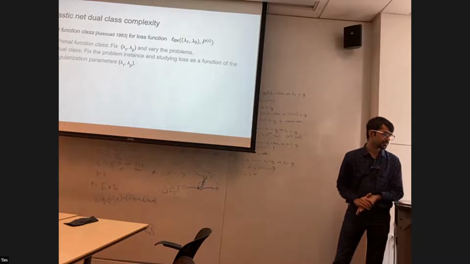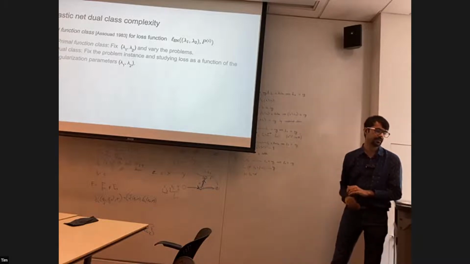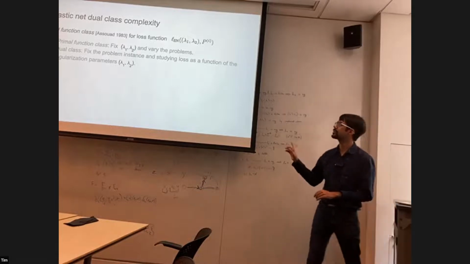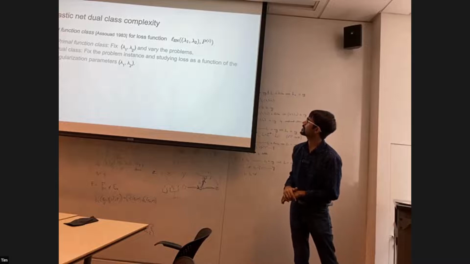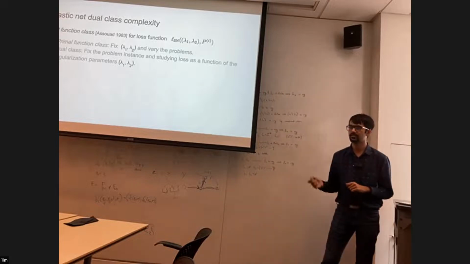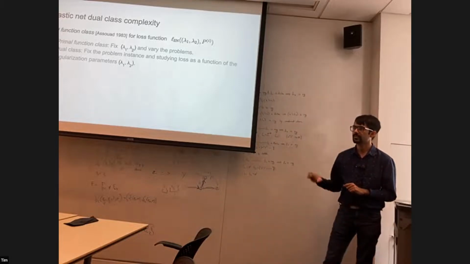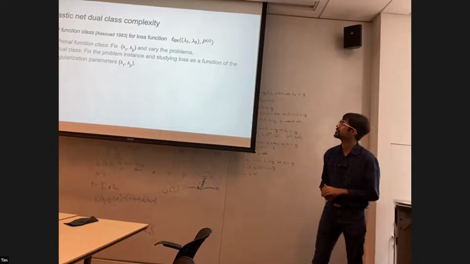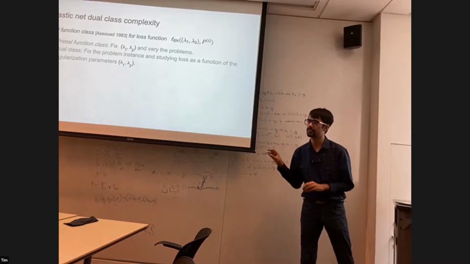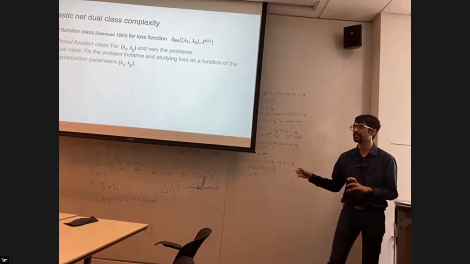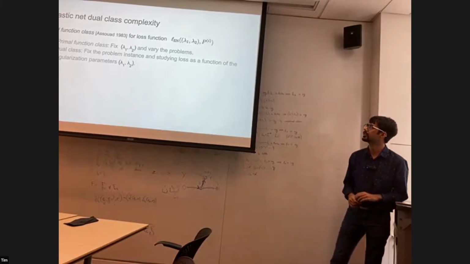We also need this notion of dual function class for a loss function. So remember, our loss function of the elastic net depends on both the regularization parameters, which are used to train your beta on the training set, as well as the problem instance itself. The problem instance is used both in the training phase as well as in the validation to define the loss.